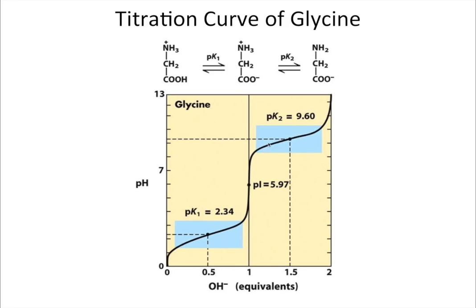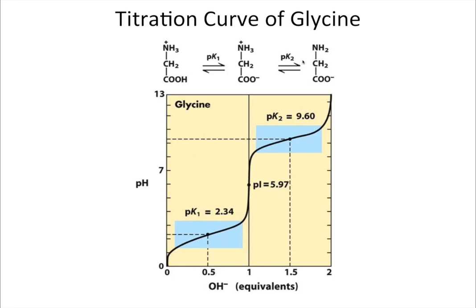It's during the second buffer region that we see the conversion begin to take place from this middle molecule, plus and minus in the neutral state, to one in which you have a deprotonated NH2, and the carboxylate group is still deprotonated.